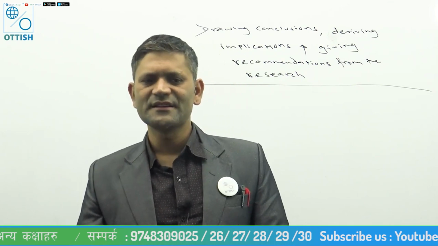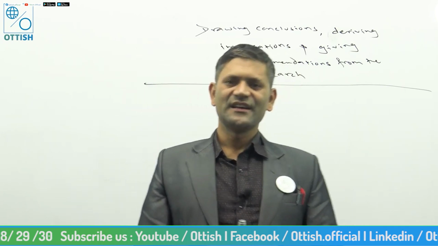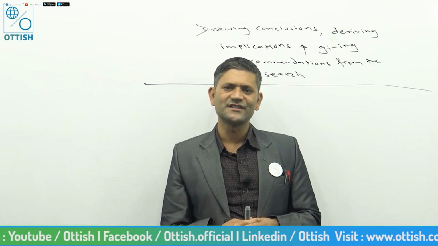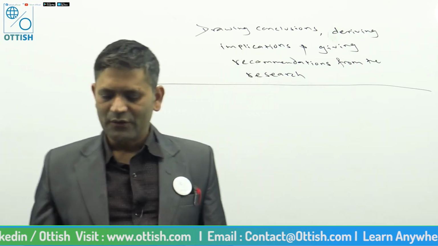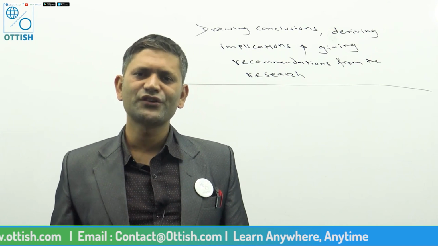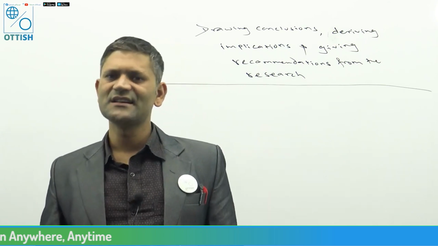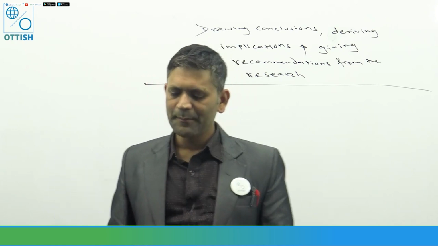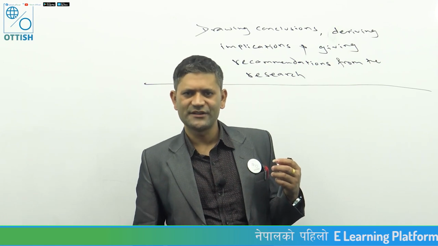Research is systematic, rigorous, scientific, empirical, verifiable, and data-based. We find a number of characteristics of research which we already discussed in earlier videos. Research is a systematic process.